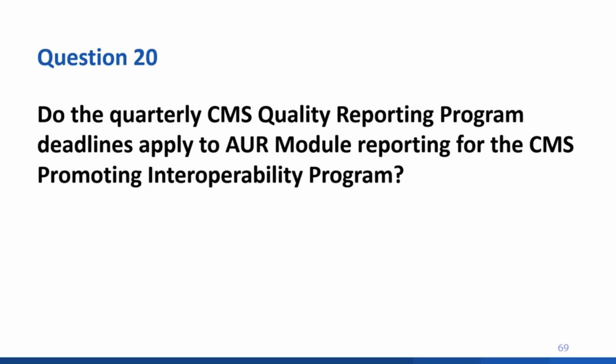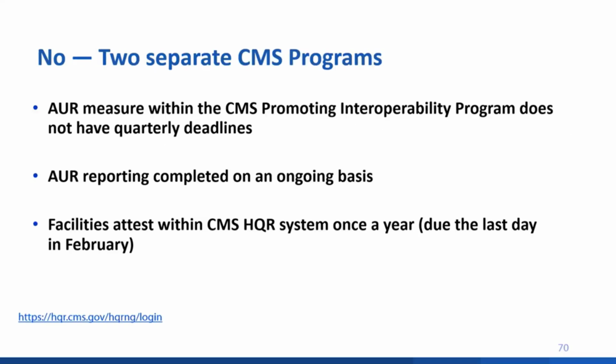Do the quarterly CMS quality reporting program deadlines apply to AUR module reporting for the CMS Promoting Interoperability Program? No, those are two separate CMS programs. The AUR measure within the CMS PI program does not have quarterly deadlines.